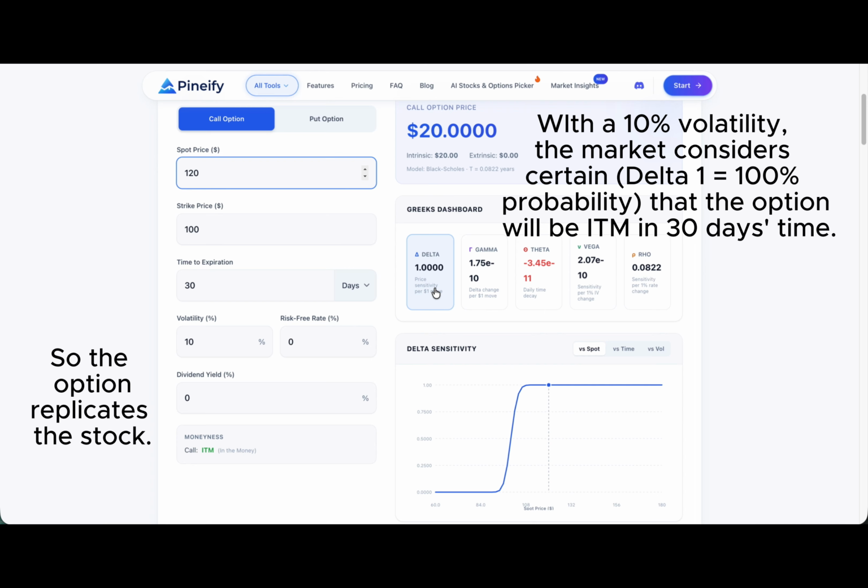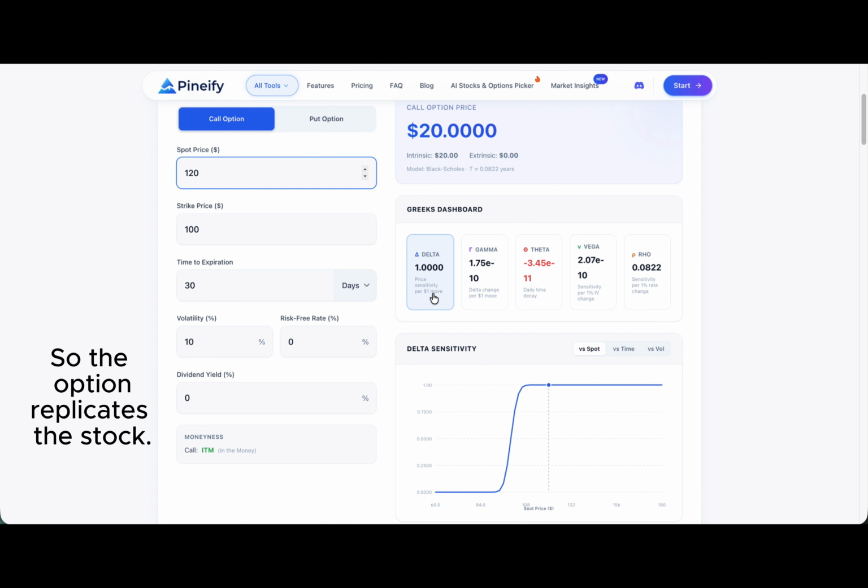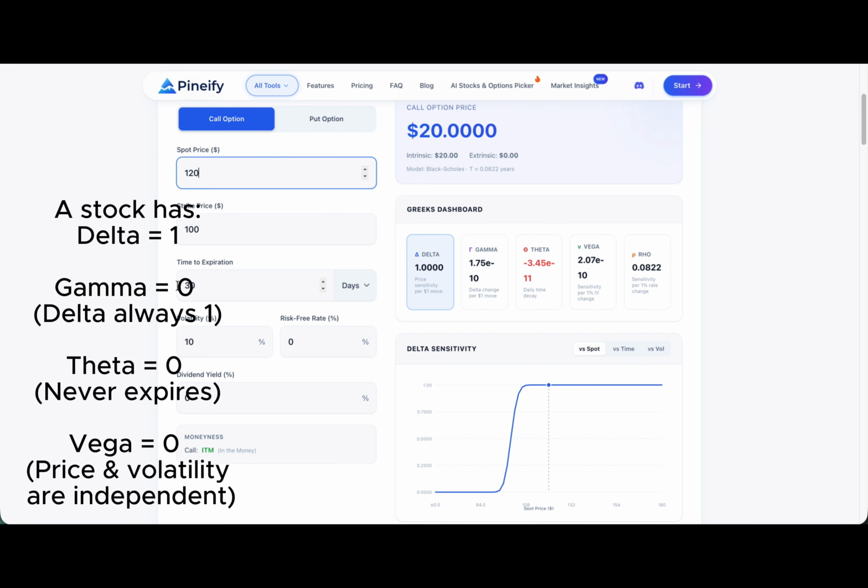The option is very much in the money, and so it will behave just like the stock. Even though we are 30 days out, again, because of the very low volatility of the underlying asset, it's very, very, very likely that the option will remain in the money when the time expires. And so that's why it will be like this. The option will remain like this.